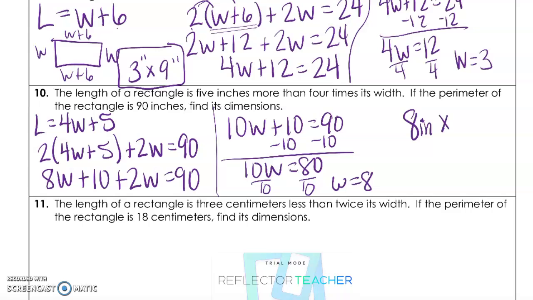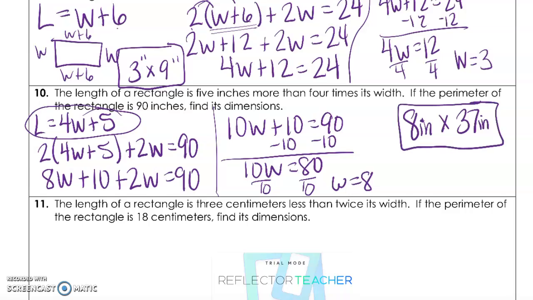So 8 by, then we need to figure out our length. So you're going to go back and use this L formula. 4 times 8 is 32, plus 5 gives us 37. So 8 by 37, 8 inches by 37 inches is our final answer.